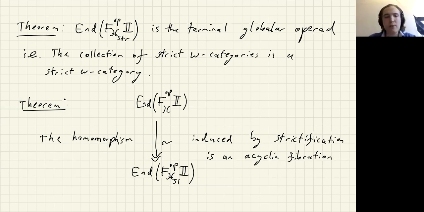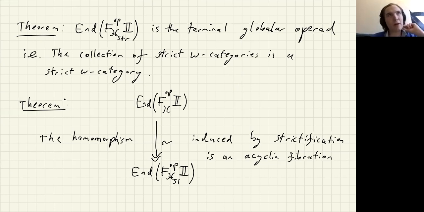Okay, well, we're doing quite well for time, so maybe I will say a bit more about how you actually prove that. And really the way that proof works is that you realize that this globular operad, FHI, is a globular object inside the category of globular multicategories with homomorphism types.